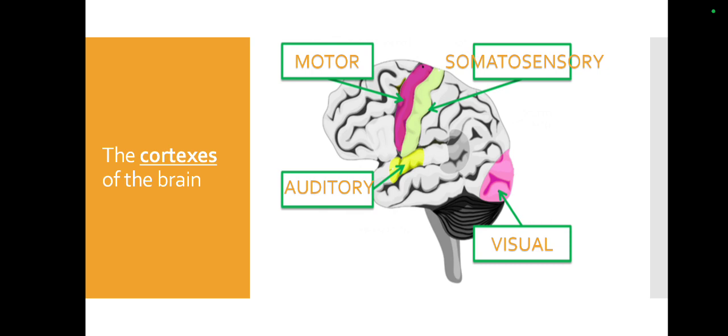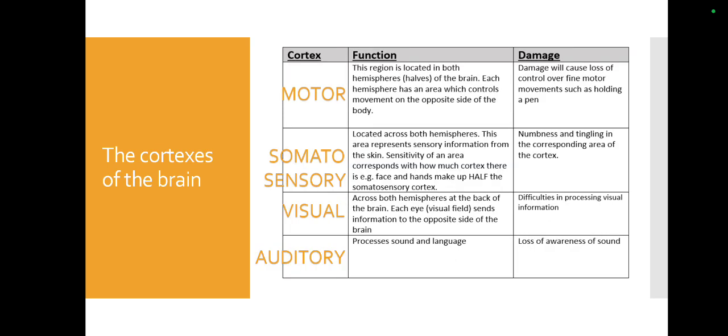So obviously, for the purposes of the exam, you not only need to know and be able to label those regions of the brain, you need to know what happens to them if we experience damage in those areas. So the motor cortex is basically all to do with movement in the body, okay? But please just highlight for me that each hemisphere has an area which controls movement on the opposite side of the body.